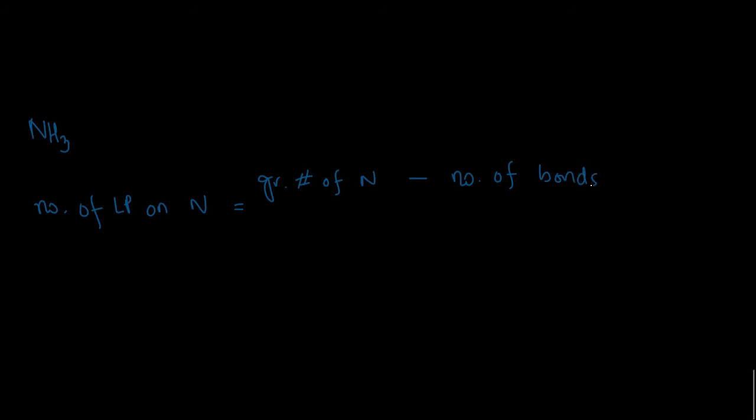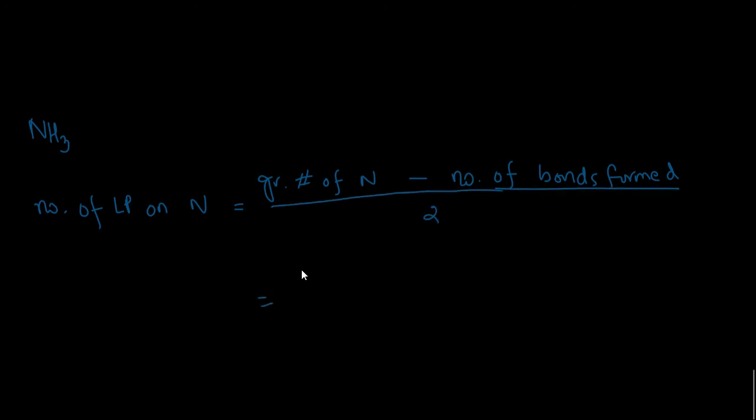So I'm going to use this formula to figure out the number of lone pairs on nitrogen. The number of lone pairs on nitrogen is equal to the group number of nitrogen minus the number of bonds formed, the whole thing divided by 2.